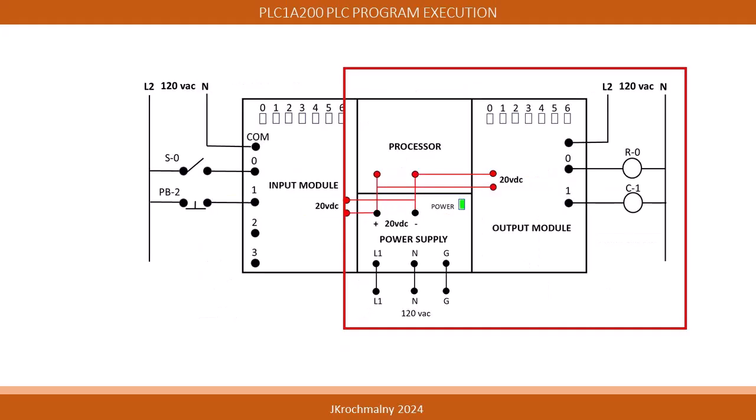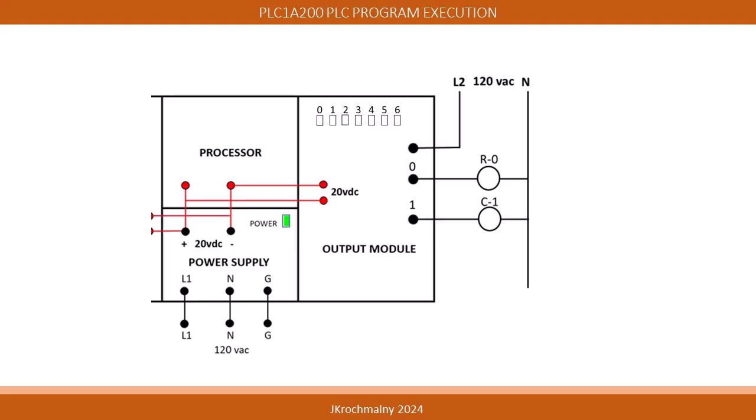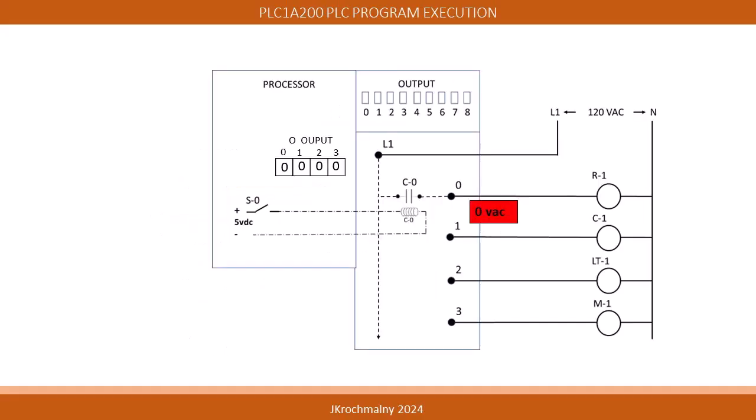Let's now look at what happens with the PLC output section. Here we can see that the R0 load will be controlled by the PLC output module of the PLC assembly. Notice that the PLC assembly processor controls an internal switch, here identified as S-0.